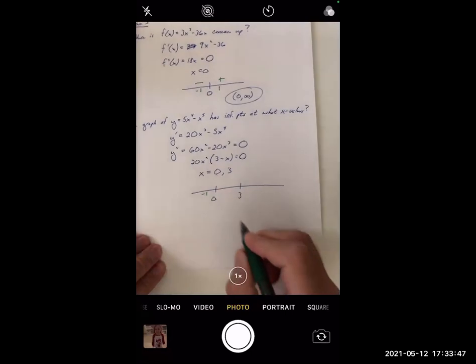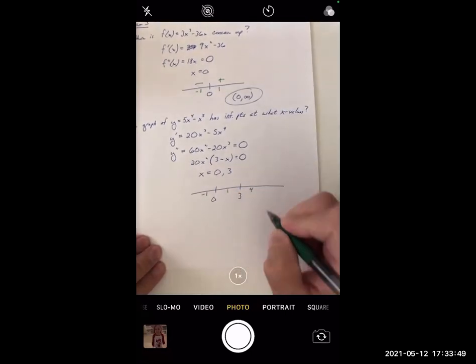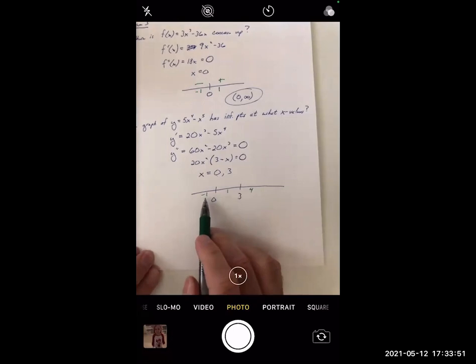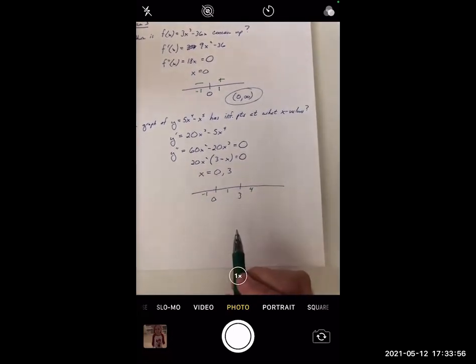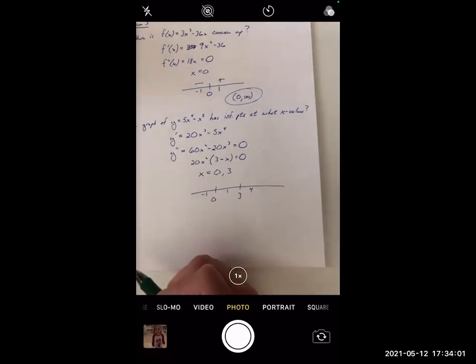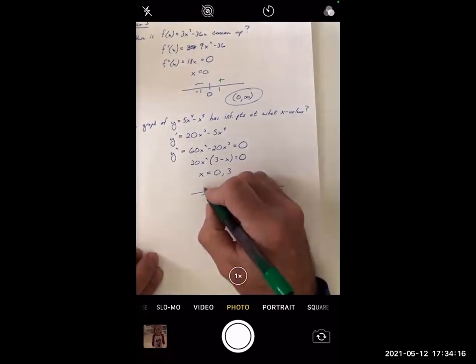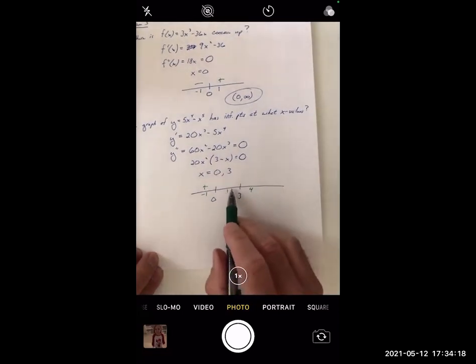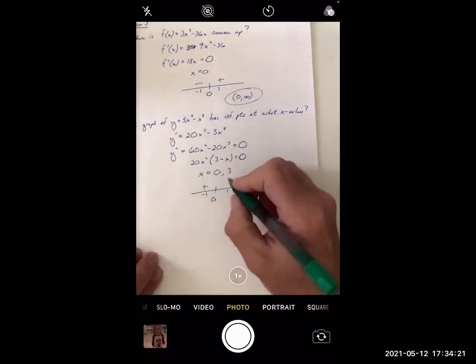You can test -1 and 1 again, and then test 4. So if you plug in -1 for x, does it come out positive or negative? Positive. And if you plug in the 1, that comes out as a positive.